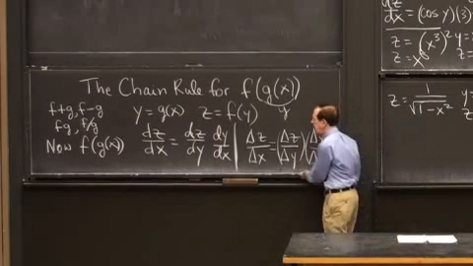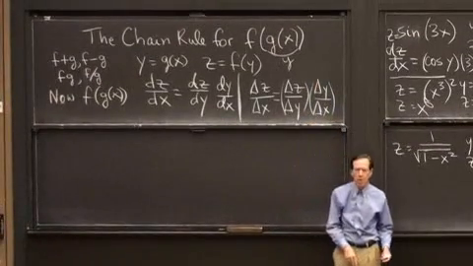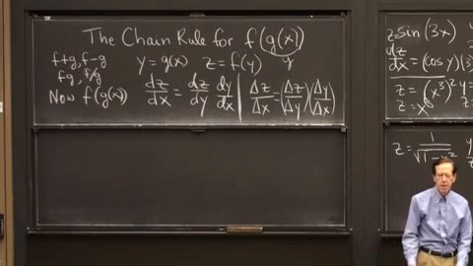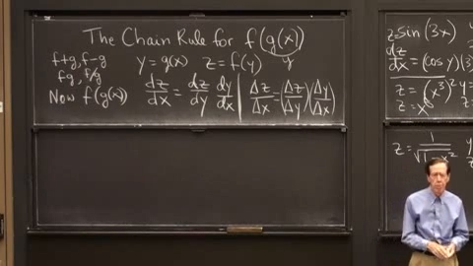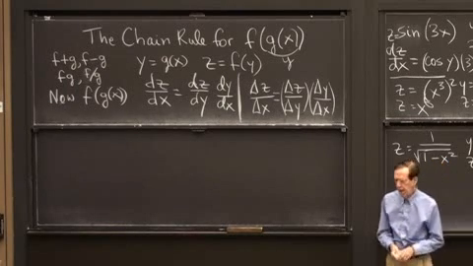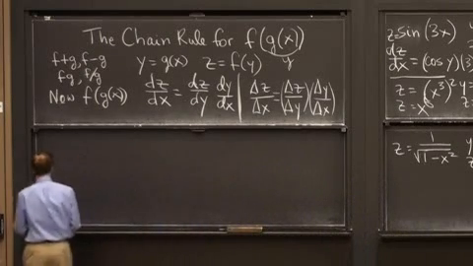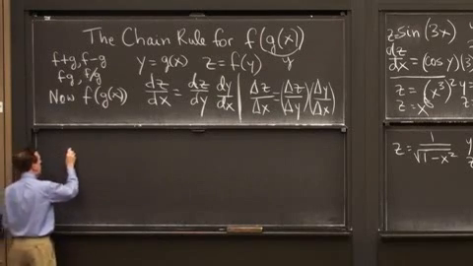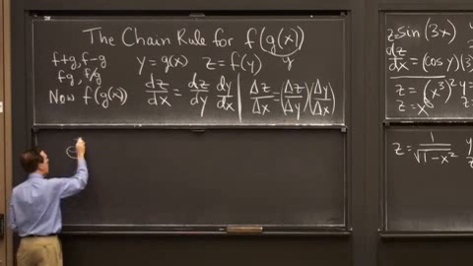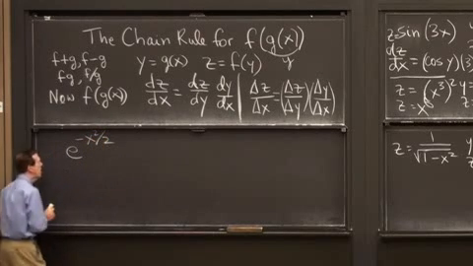Okay. Now I'm ready to do one more example that isn't just so made up, it's an important one. And it's one I haven't tackled before. My function is going to be e to the minus x squared over 2.